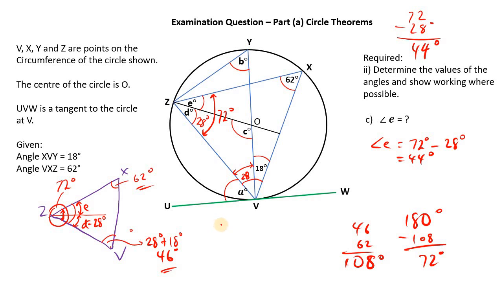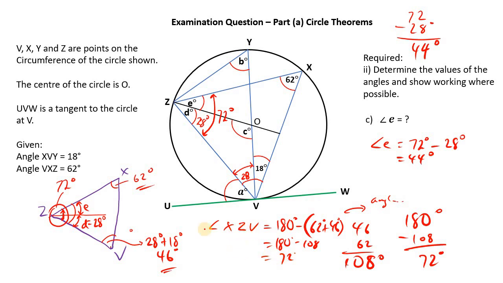So when I was adding up, trying to find angle Z, for example, angle XZV, going from X to Z to V, I would have said, okay, angle XZV is 180 degrees minus the sum of 62 plus 46, degrees. And then I'll put my note there that angles in a triangle equal 180 degrees. And then it'd be 180 degrees minus the sum of these, which is 108, which gives me 72.